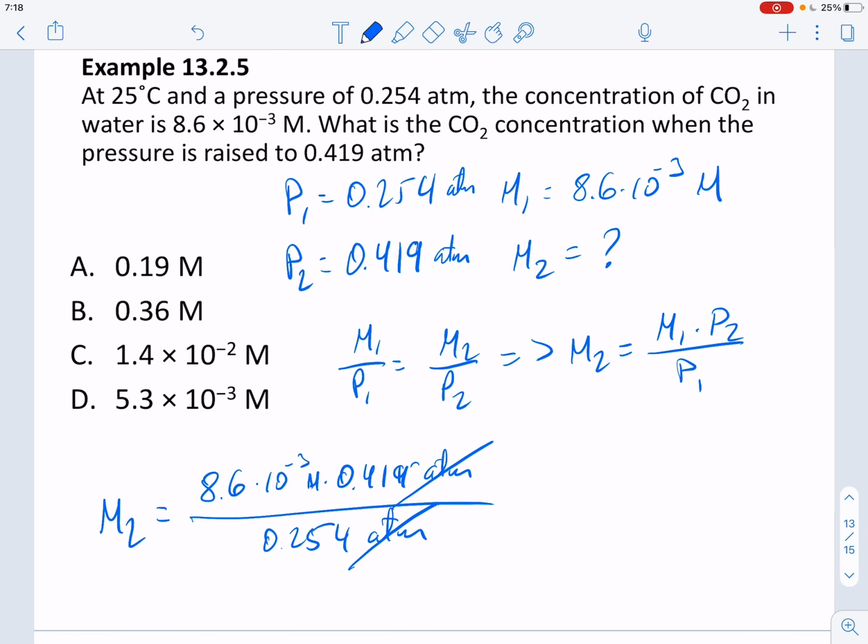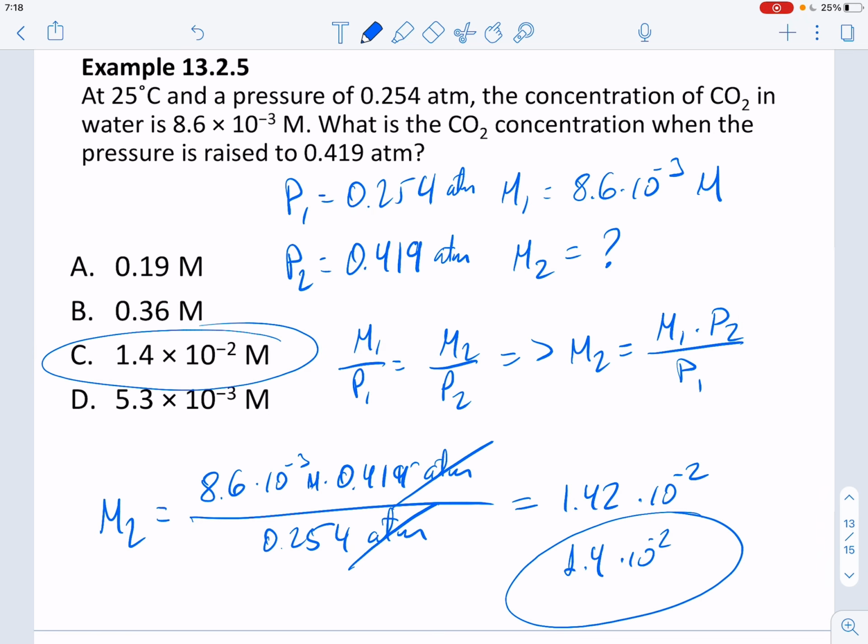Atmospheres cancel with atmospheres, and then we end up with 1.42 × 10^-2. The smallest number of significant figures is 2, so we should report this as 1.4 × 10^-2. So the answer here is C.